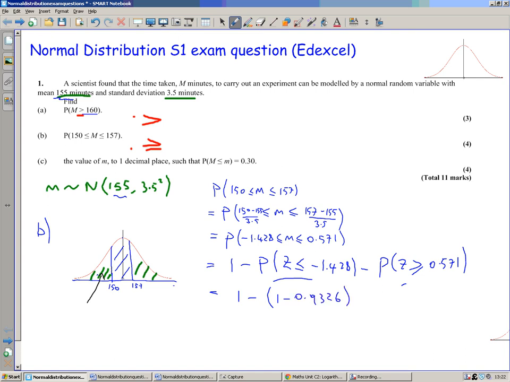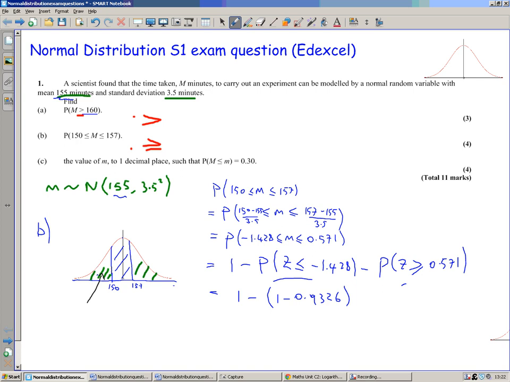Because we know that area's got to be less than a half, we know we've got to take it away from 1. So it's almost like not thinking too much about it: is it more than half or is it less than half? If it's less than half, we know that for that bit we need to take it away from 1.